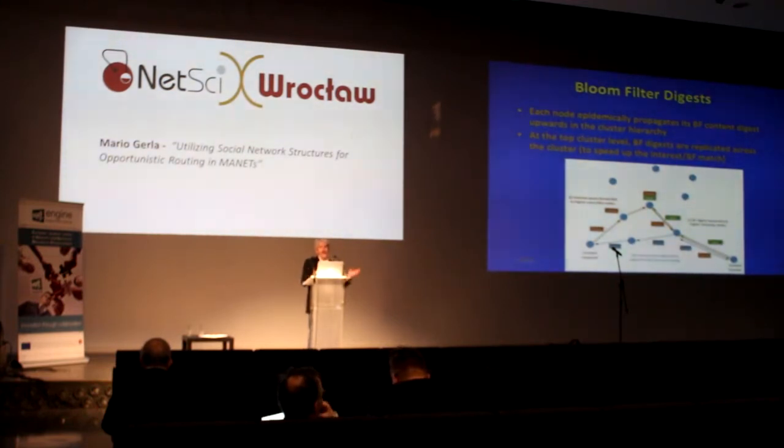Instead of sending 100 files, you would compress them in a Bloom filter, and the Bloom filter is then moved up, again using the scheme that we described before, from one node to the next, following this centrality mechanism. So each node epidemically propagates its Bloom filter digest upwards in the cluster hierarchy.